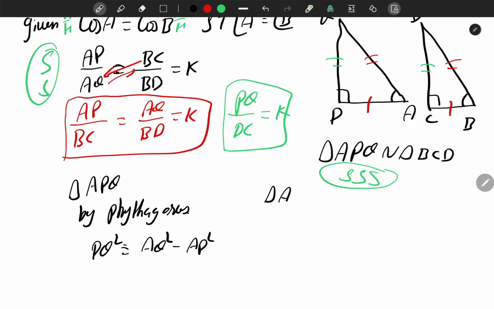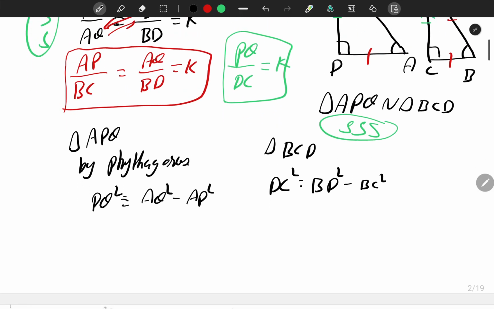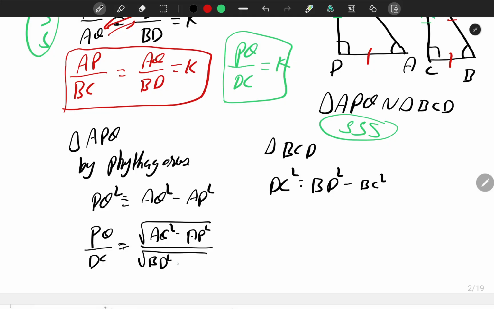Same way in triangle BCD, DC square is equal to BD square minus BC square. So if you take the ratio, PQ by DC is equal to square root of AQ square minus AP square by square root of BD square minus BC square.